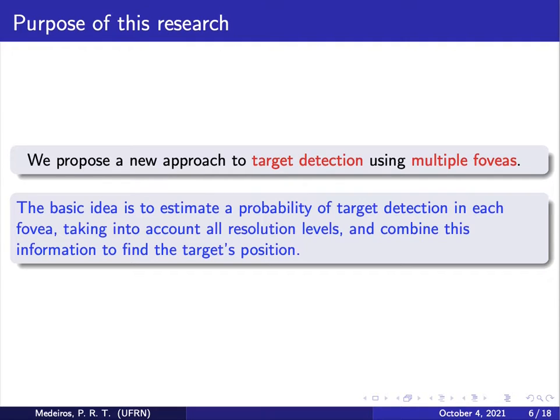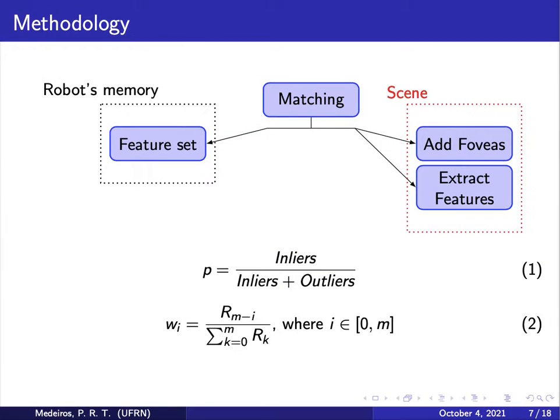The basic idea is to estimate a probability of target detection in each fovea, taking into account all resolution levels, and combine this information to find the target's position. But how do we do it? A robot task contains one or multiple targets. A set of features stored in the robot's memory represent these targets.